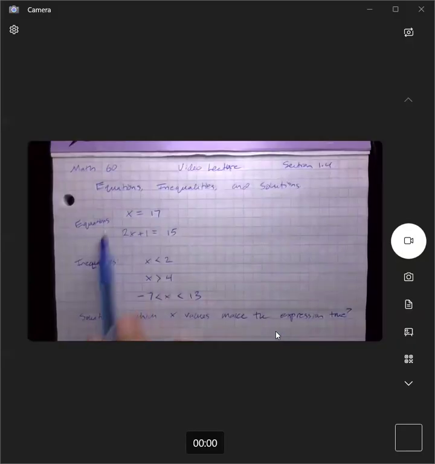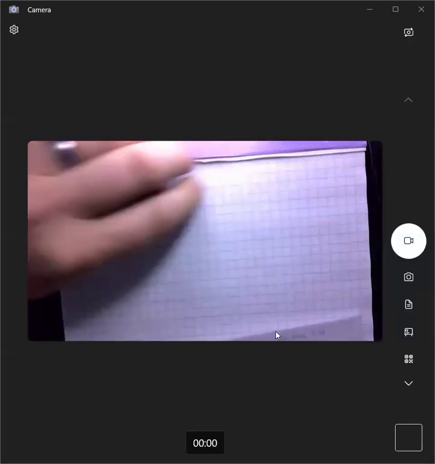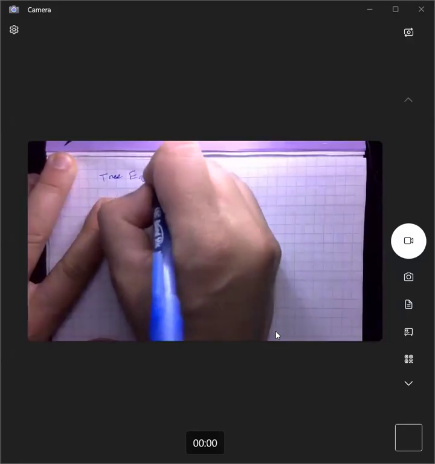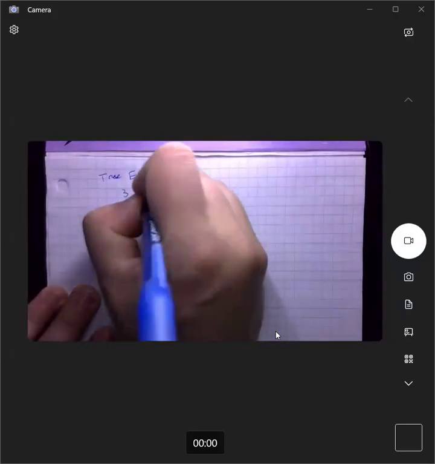So equations and inequalities are both types of mathematical expressions, and those expressions can be true or false for different values of x. But let me give you some examples of true equations. Three equals 3.